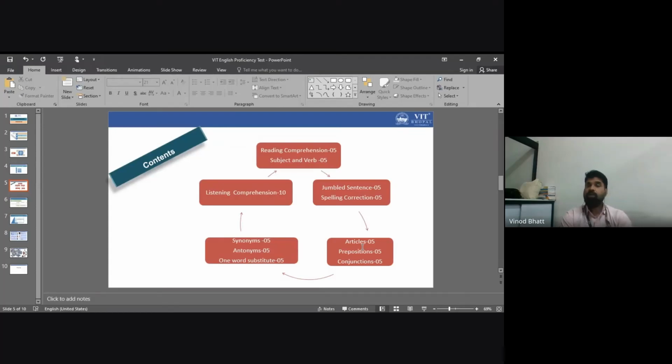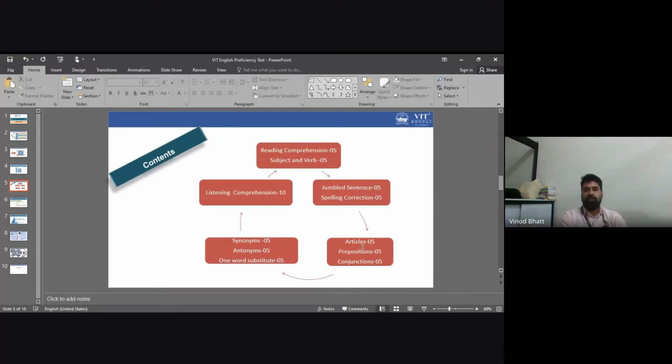In every competitive examination, there is a compulsory section of synonyms, antonyms, and one word substitute. So by doing this, we are making you ready for the upcoming challenges and opportunities. If you start working on your synonyms and antonyms, probably all competitive examinations would be a little easier for you. So this is how you can start working on that.